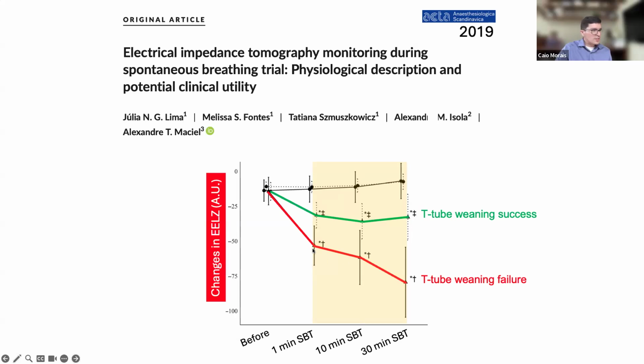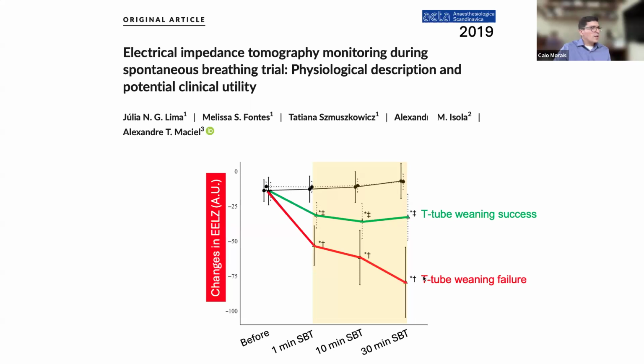But in contrast, we have patients with continuous reduction in end expiratory lung volume, and this is represented by the patients with weaning failure. Probably the explanation for this behavior is a progressive increase in atelectasis, a progressive reduction in lung aeration during the process.